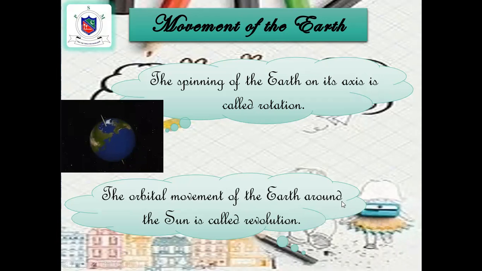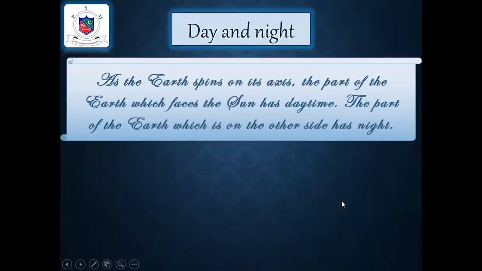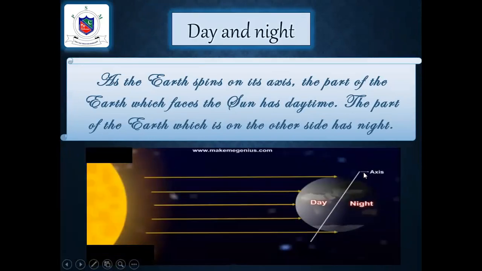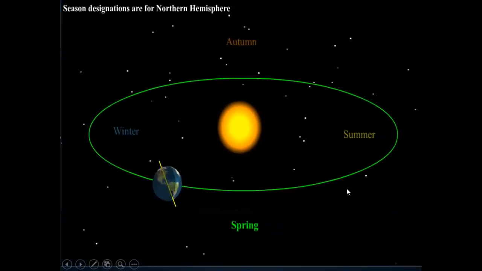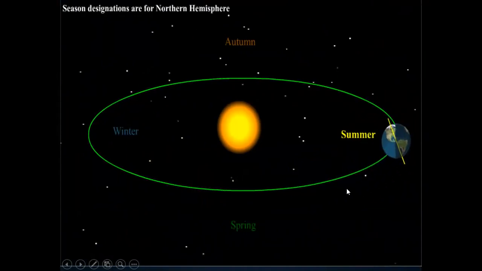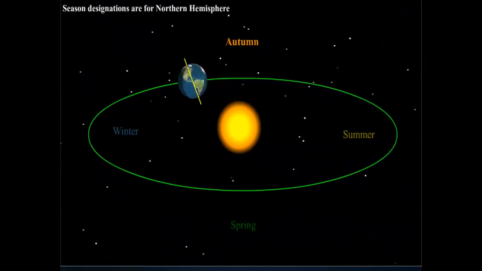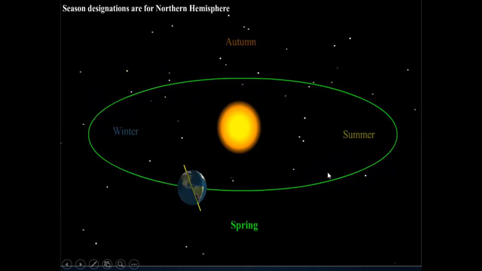Students, as the earth spins on its axis, the part of the earth which faces the sun has daytime and the part of the earth which is on the other side has night. And as the axis is slightly tilted, during its revolution, the part of the earth which is tilted towards the sun receives more light, so it is warmer, and it is summer in that part of the world.